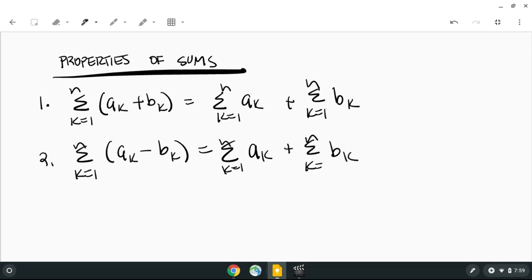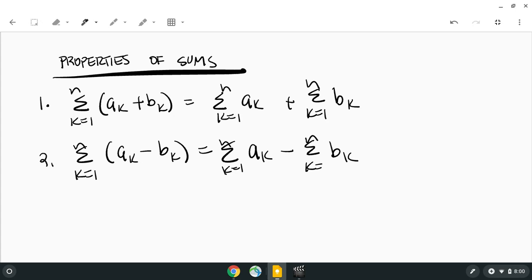I did. Take that off. Be gone. Hold on, it's not erasing. There it goes. So you can do the sums separately. That's basically what it's saying.